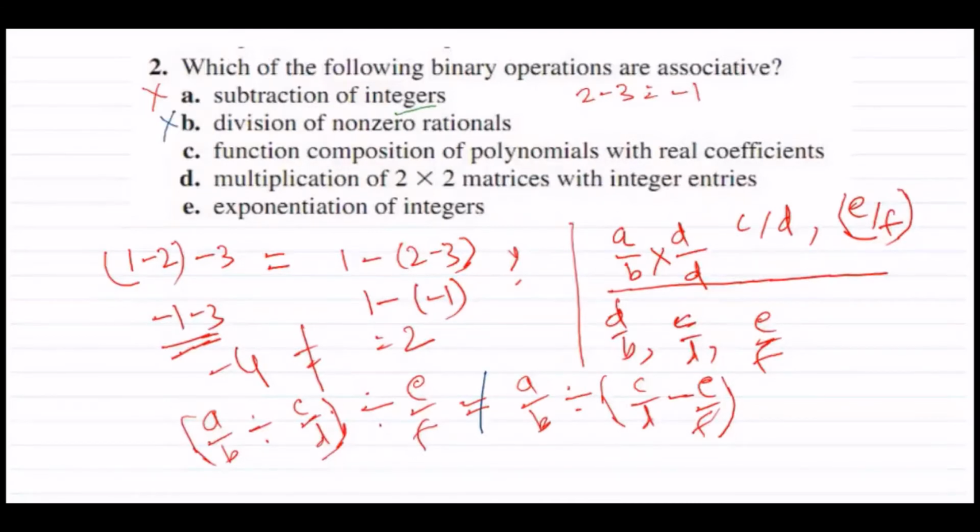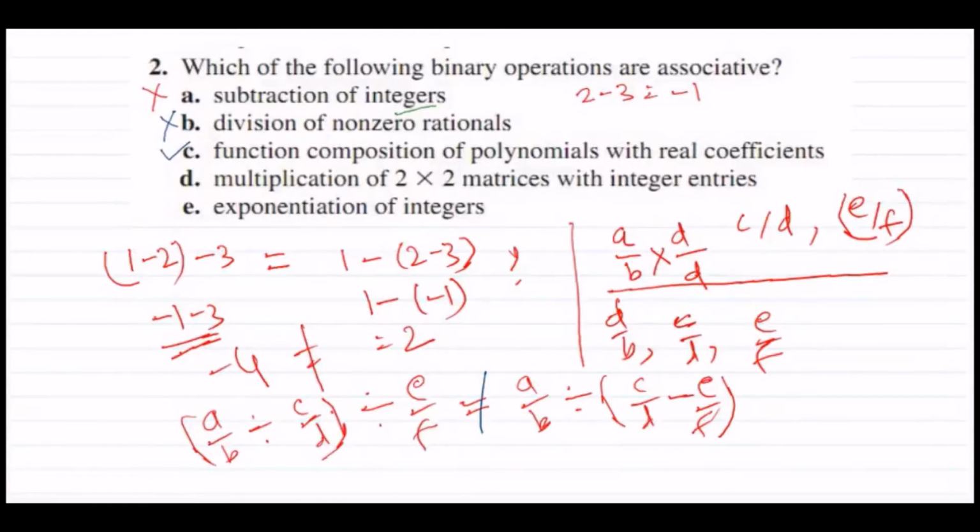Function composition of polynomials with real coefficients. As previously, we can verify it, just as we have seen in the last question, question number 2. So this is correct. Multiplication of 2 by 2 matrices with integer entries. Just as we have seen, multiplication of 2 by 2 matrices with integer entries is closed under multiplication.